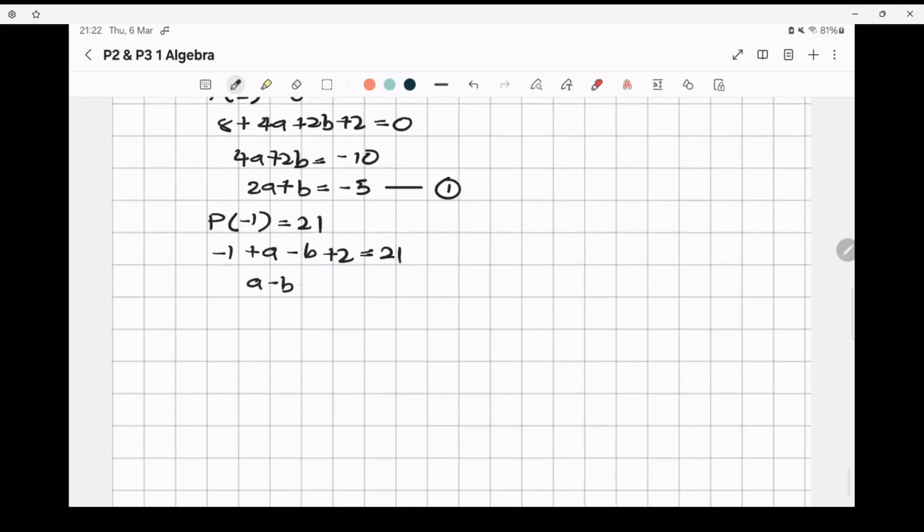So a minus b equals 20. So then 1 plus 2, 3a equals 15. So a will be equal to 5. So 5 minus b equals 20. B will be minus 15.